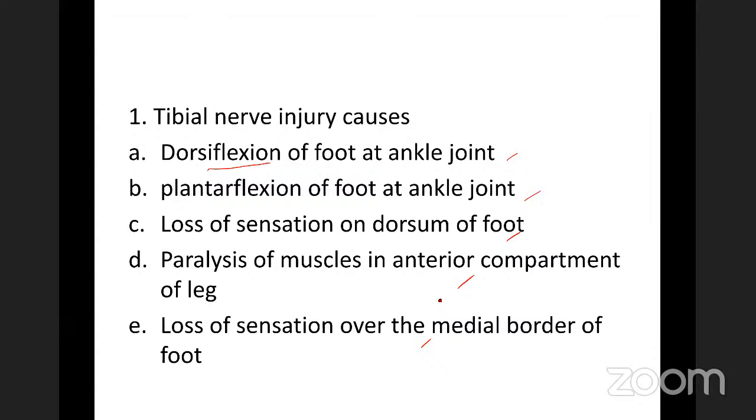I will explain this. See, tibial nerve injury. The tibial nerve supplies the posterior aspect of the leg, which brings about plantar flexion. If there is injury to this nerve, no plantar flexion will occur. Loss of sensation of the dorsum of the foot: the tibial nerve does not supply the dorsum of the foot. It supplies the sole.